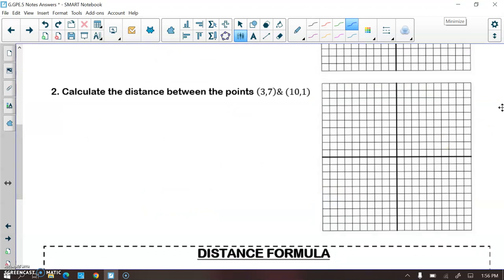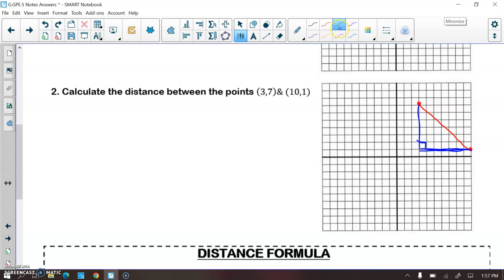So for example, for this one, I'm gonna plot the point 3, 7. And I'm going to plot the point 10, 1. And we want to calculate the distance between these 2 points. Now, last year we learned how to do this using the Pythagorean theorem, which is when we connect these 2 points with a vertical and a horizontal line, so two perpendicular lines, to create this right angle right here.